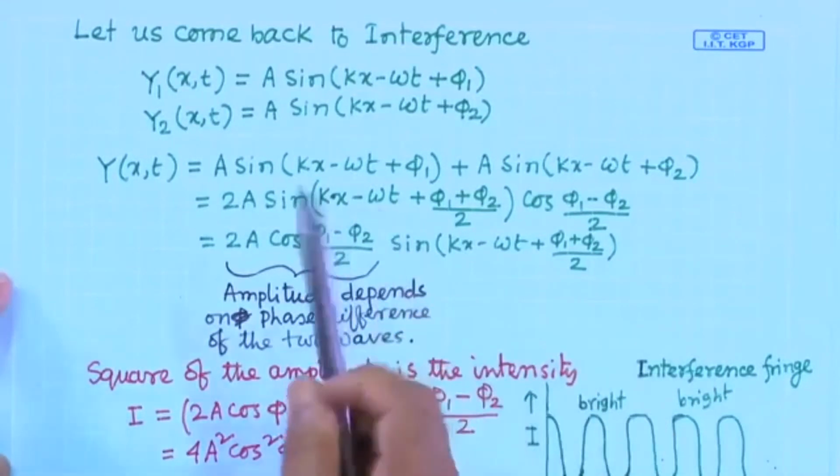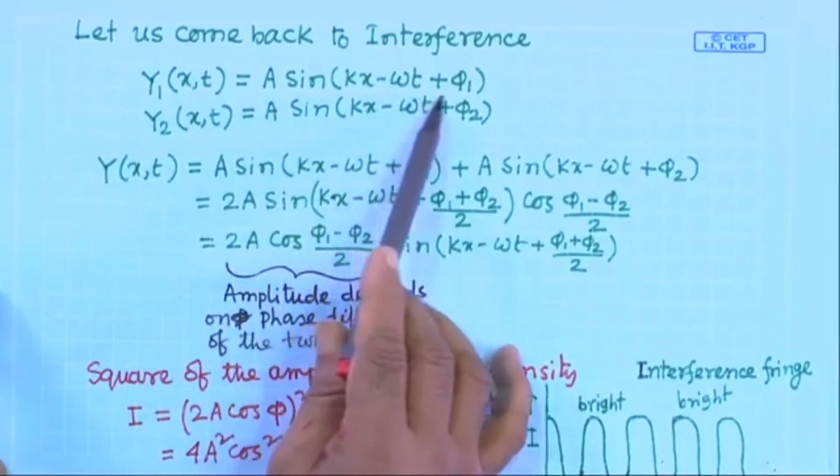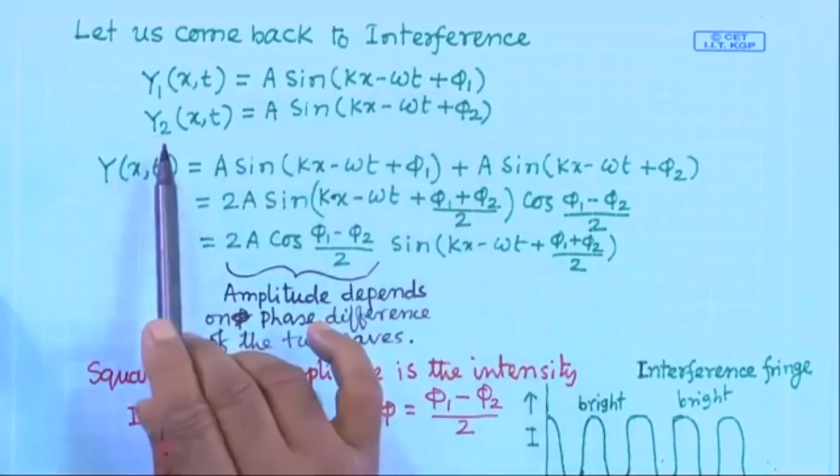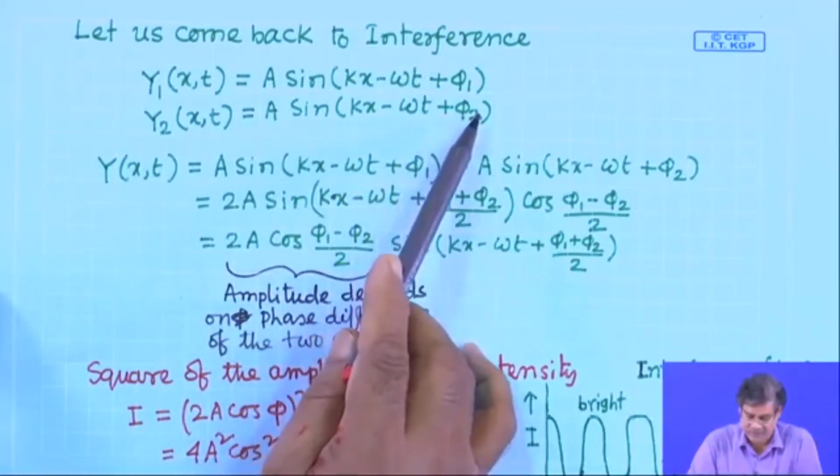There we have seen, y1 equals a sin(kx minus omega t plus phi 1), y2 equals a sin(kx minus omega t plus phi 2).